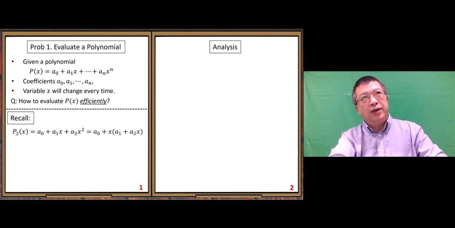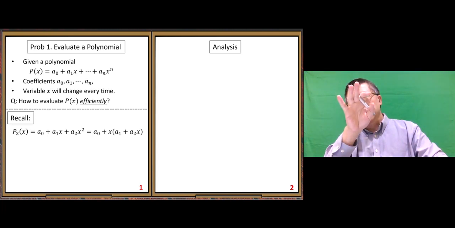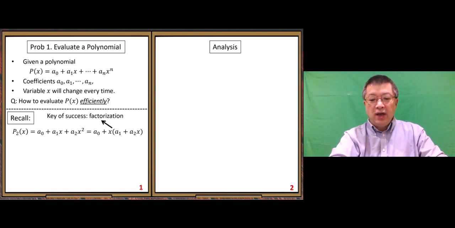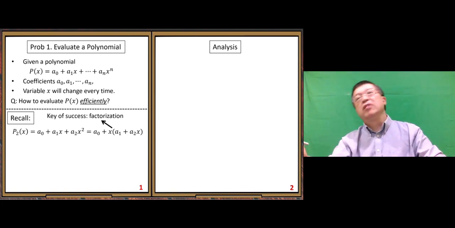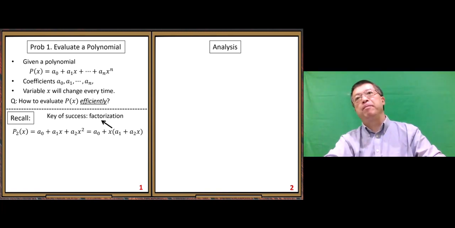The technique we found, a very smart technique, is based on the property of common factor. So we use the factorization technique. After the factorization, we reduce the number of multiplications. So that's where we were last time.